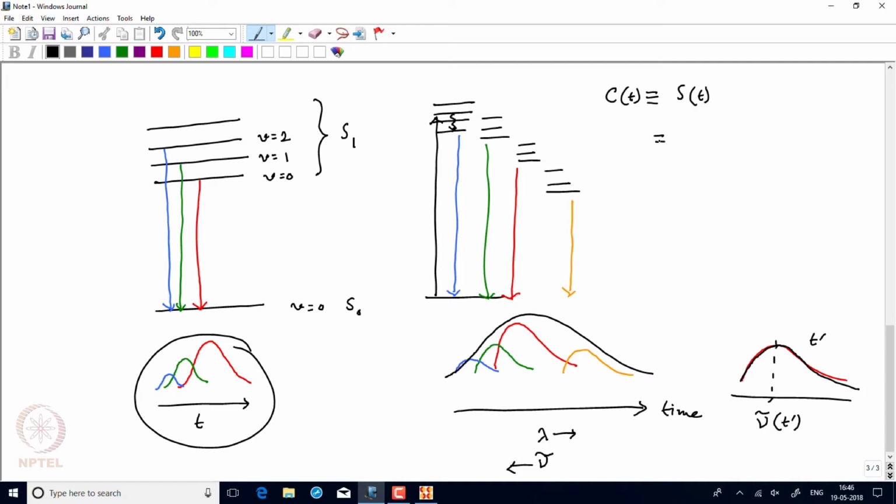I'm not going into the details, but basically the correlation function at any time is the spectral position at that time minus the spectral position at infinite time. Now, what is infinite time? Infinite time means when the solvation is over and the entire electronic state has fully relaxed, and that spectrum we usually assume to be the steady state spectrum.